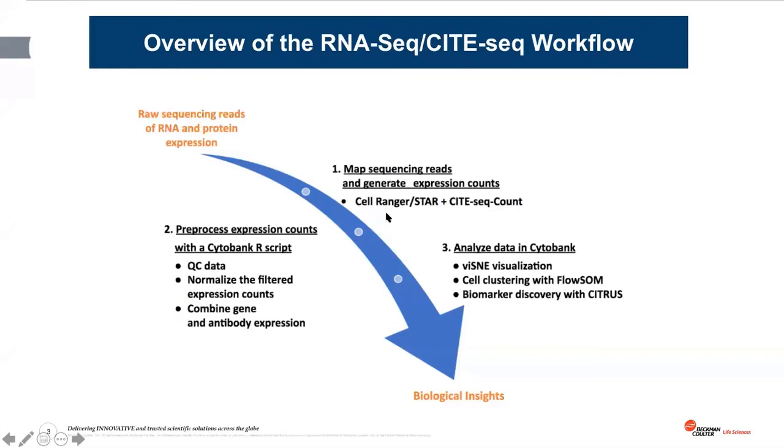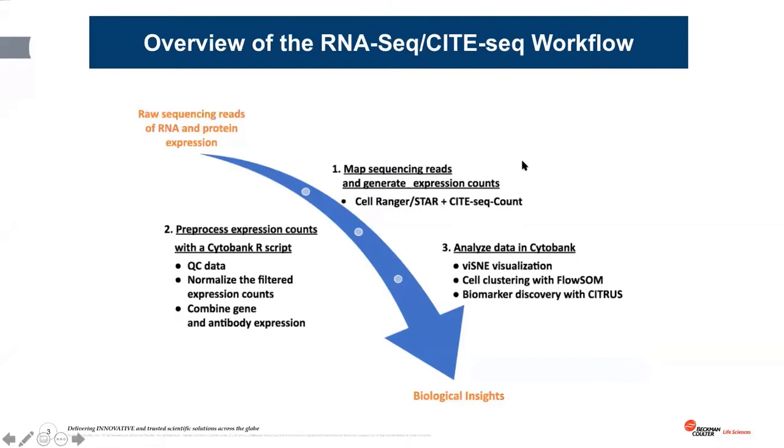For example, you can use the 10x Genomics Cell Ranger tools or the STAR aligner to map your reads to the reference genome. Both Cell Ranger and STAR can automatically generate RNA-seq expression counts for you. If you have CITE-seq data, you will need to use CITE-seq-Count, which is a Python script that will generate the protein expression count data for you.